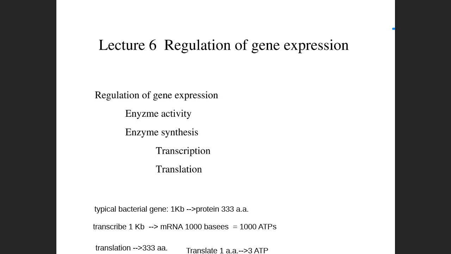And so that gives you a justification to say how expensive it is to make a protein, because we know each glucose can only generate 38 ATP at maximum. So you will need to burn a lot of glucose in order to make one copy of protein.